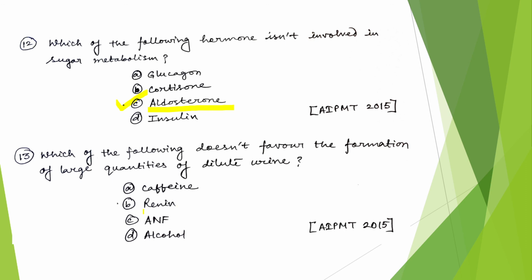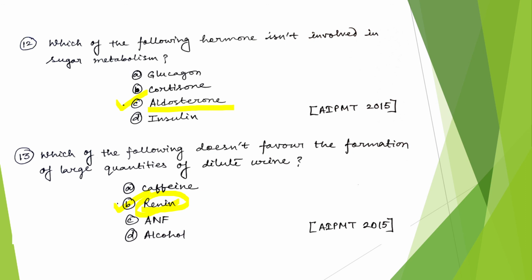See here, renin causes reabsorption of water and sodium from glomerular filtrate by the effect of aldosterone. So as it helps in reabsorption of water indirectly, it will cause the concentrating of the urine. So the correct answer would be option B.